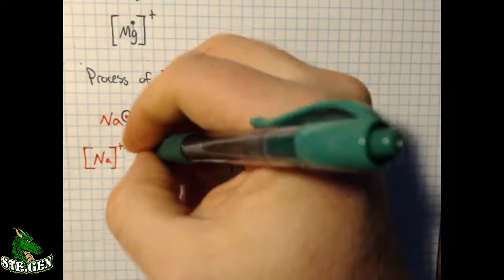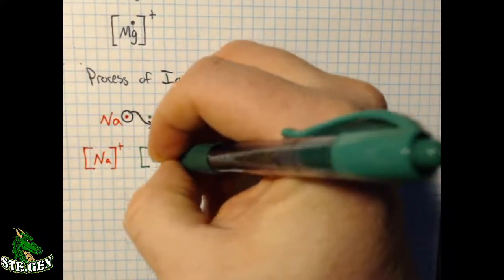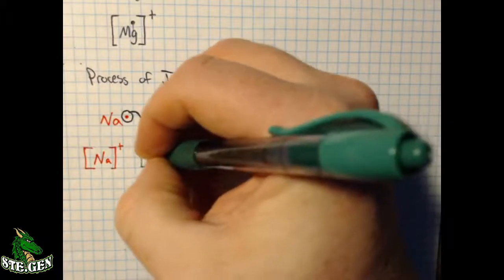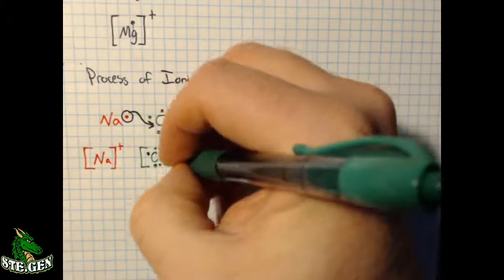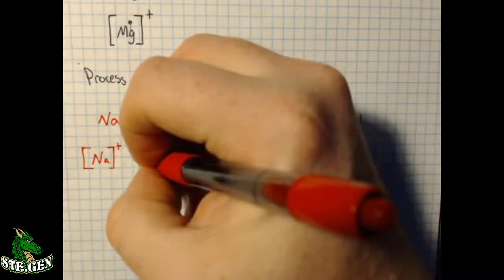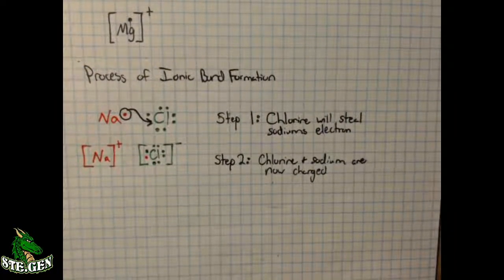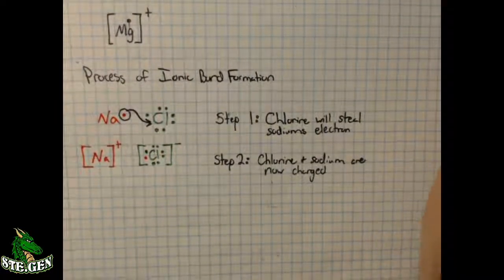And then chlorine has now gained an electron. So notice I left that dot red because that's the one that came from sodium. So it has a negative charge.